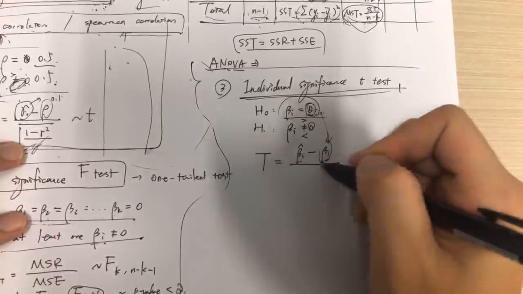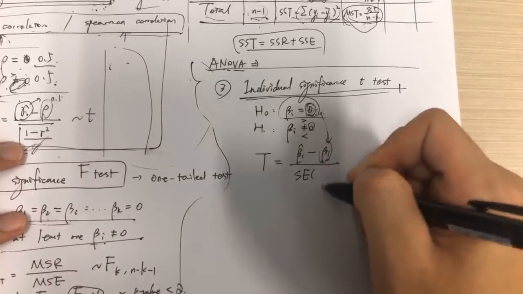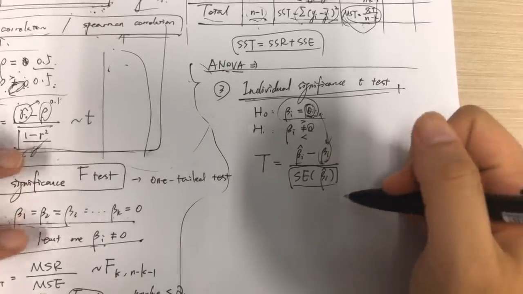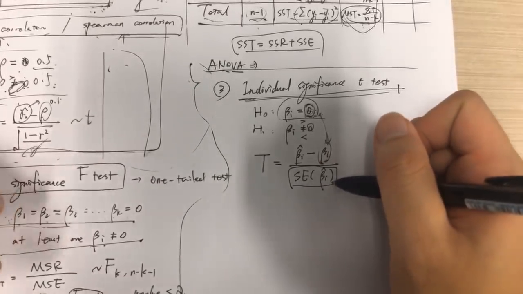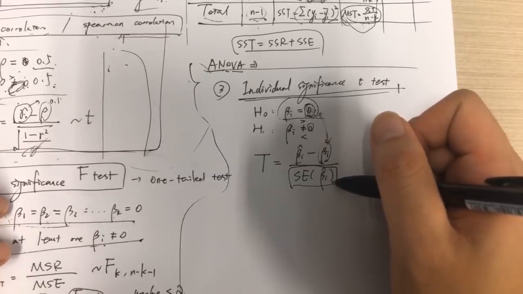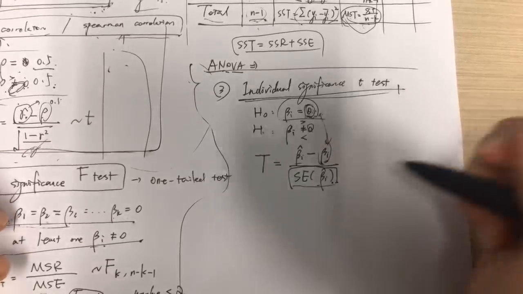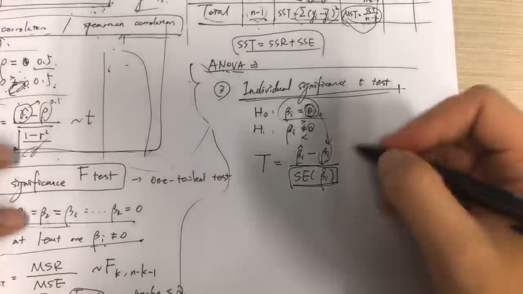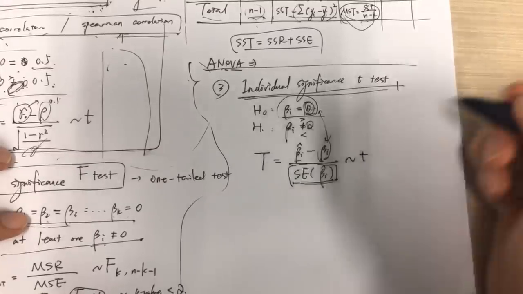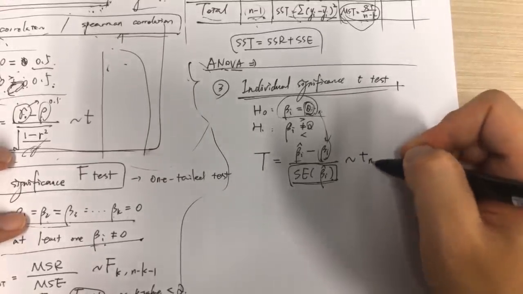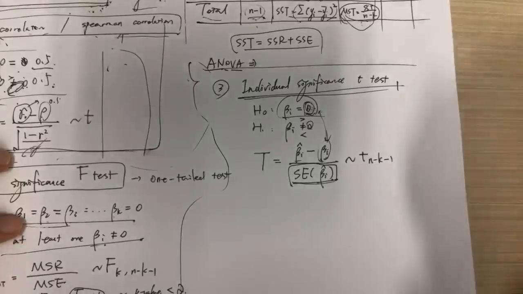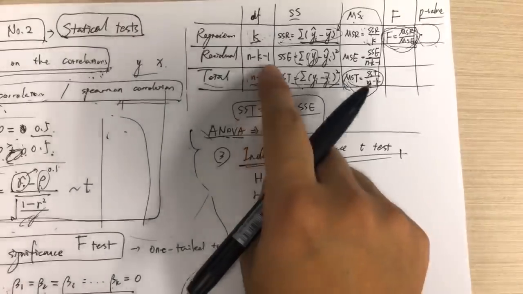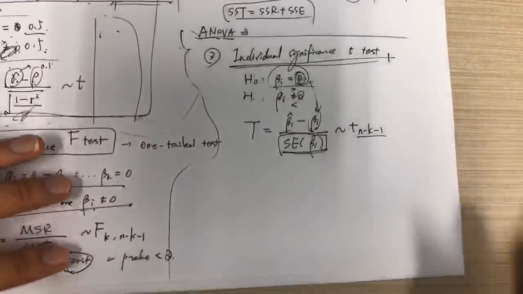And then divide by the standard error of beta i hat. You are given the formula for the standard error on one page of your slides, but I believe you're not required to know it. The standard error will also be given in the Excel output. This follows a t distribution with degrees of freedom n minus k minus 1, the same as the residual degrees of freedom.